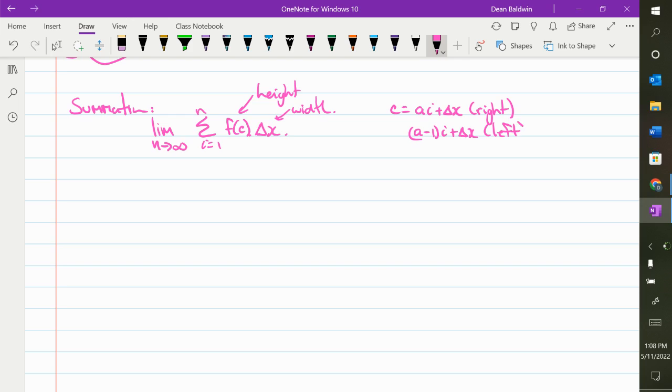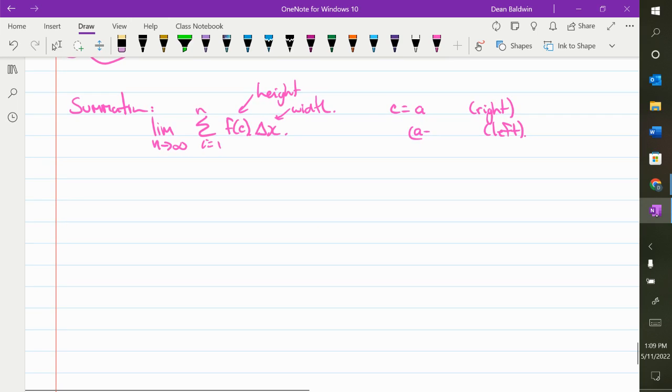I always use right, but it is your choice. Is it a plus i delta x? I can't even remember, I'm trying to do this off of memory. Yeah, a plus i delta x, times delta x. That's correct. Looking at my notes would probably help.